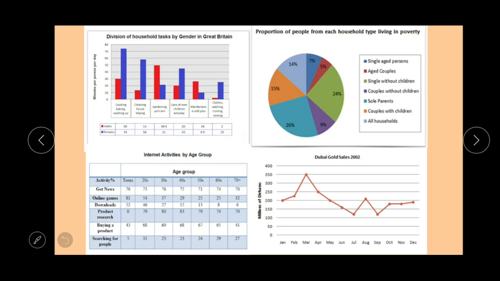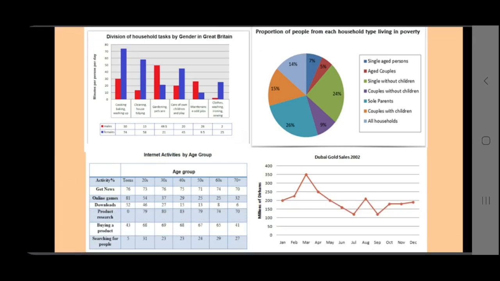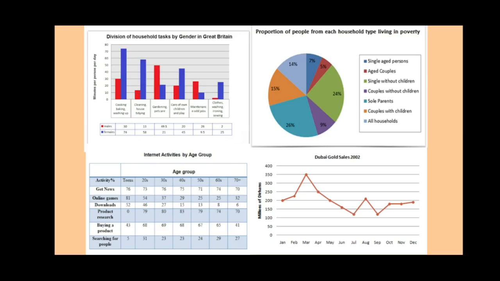Next thing is, what is there to be described? What is there to be analyzed? There may be a graph, pie chart, table, or line graph. So there are two types of graphs. This is a bar graph and this is a line graph.